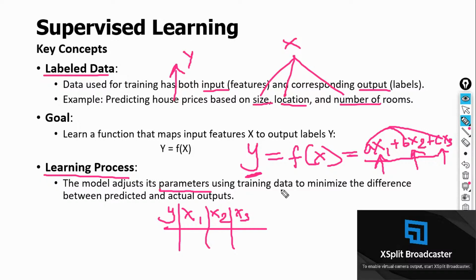When it gets trained, we should also test it on new data. So when I test it, I get y cap, the prediction. Assume that I have tested on the same data without passing Y. I'll get y cap, the prediction. So the difference between these two should be reduced as we keep on training the model.